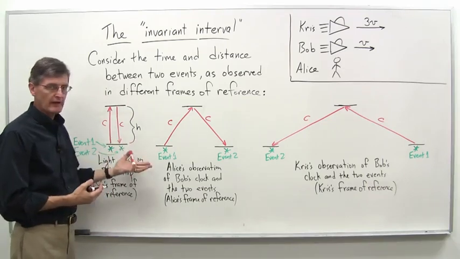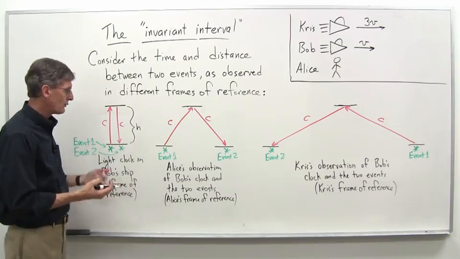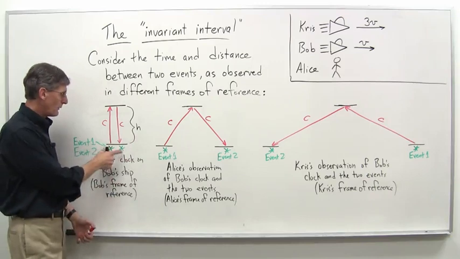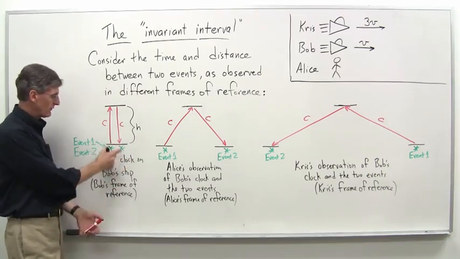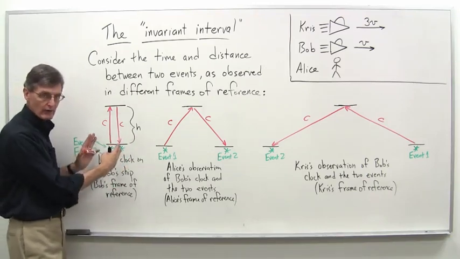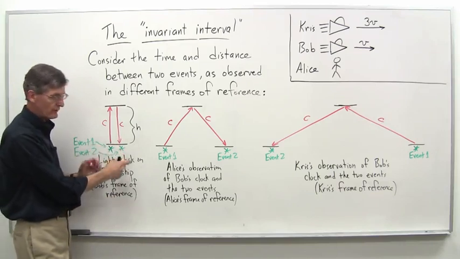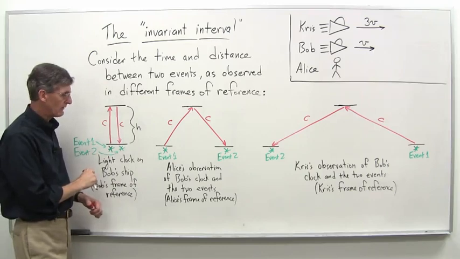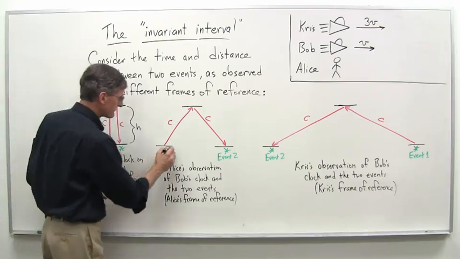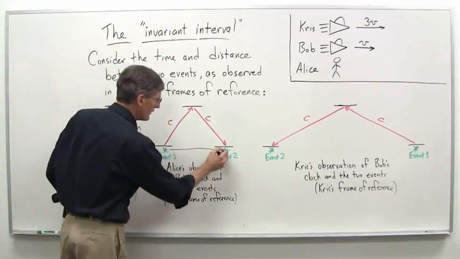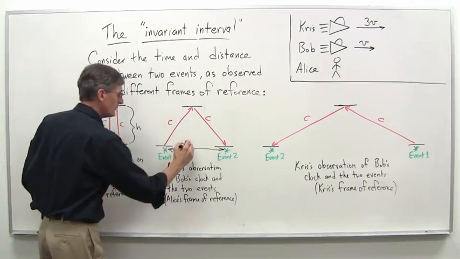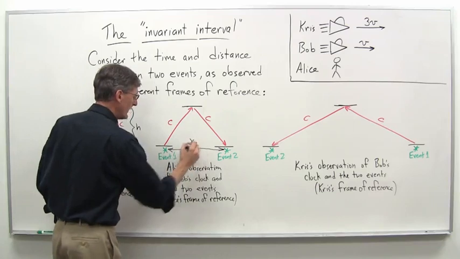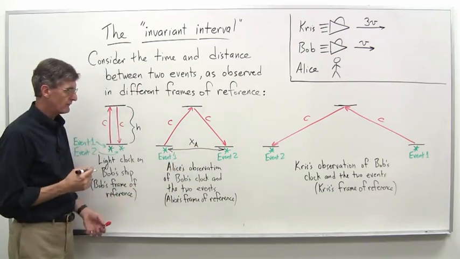But we need to find another quantity: the distance between the two events. Clearly for Bob, the distance between the events is essentially 0. We drew them a little bit apart, but we'll assume the light pulse goes up, comes back down, and hits the same spot. For Alice, we'll call the distance between the two events in Alice's frame of reference x sub a, a for Alice.